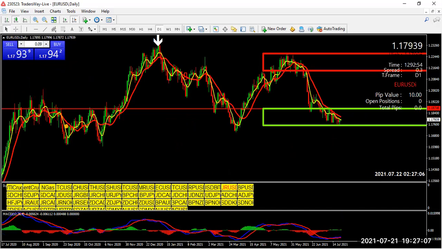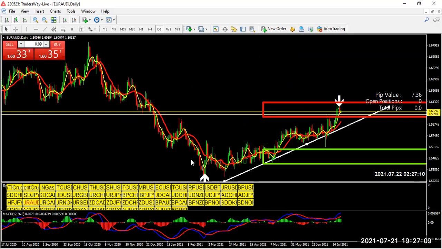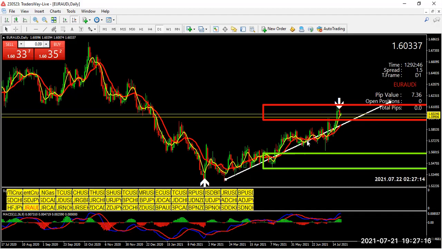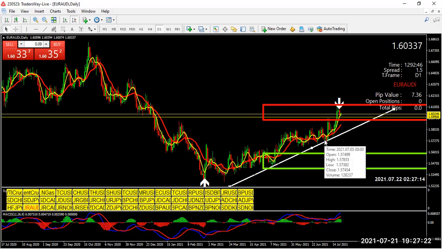What happened? This strong wick right here wicked out, but it didn't close above it. So this is good, right? So clearly price is going up. So the trend is bullish.